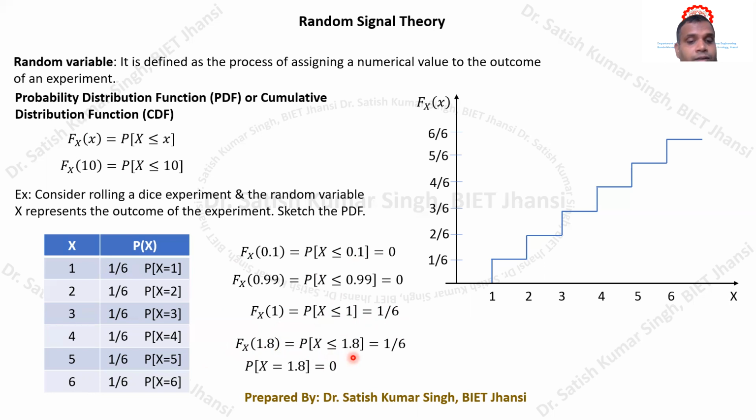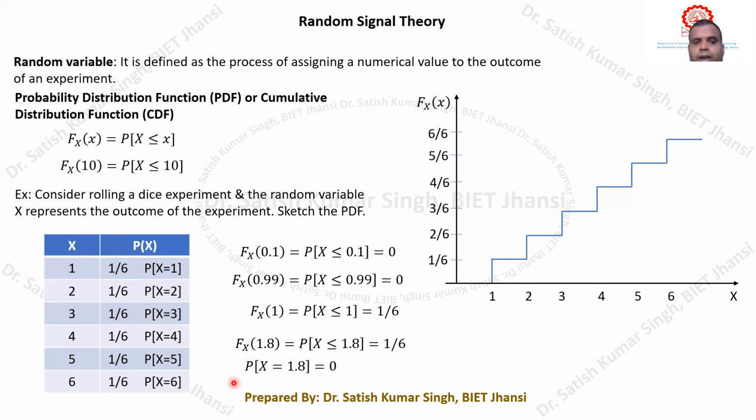We know there is no 1.8 on the faces, but in this expression, x is less than or equal to 1.8, and 1 is less than 1.8. So the probability that we can get 1 is 1 by 6, and therefore the probability that x will take a value less than or equal to 1.8 is also 1 by 6.